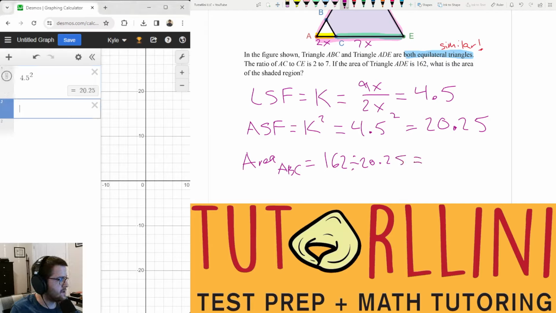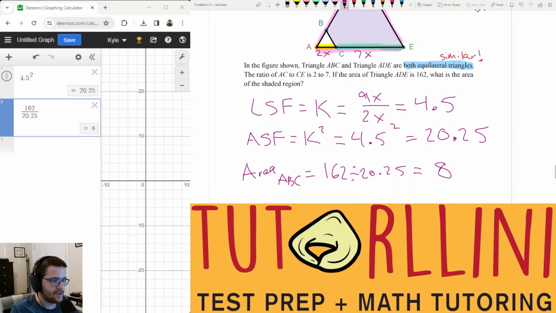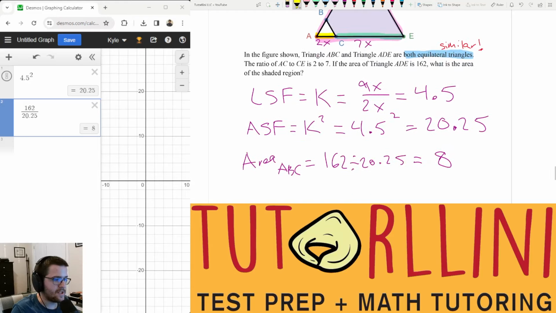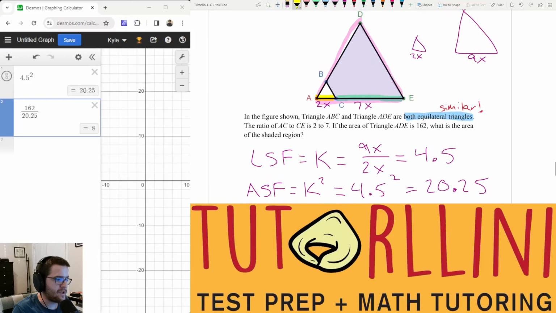And let's go to Desmos and see what we get. So 162 over 20.25. And we get 8. So the area of ABC is 8. So now the question wants us to find the area of the shaded region. So you see, if the entire pink is 162, and then ABC we just found is 8, we can subtract them.